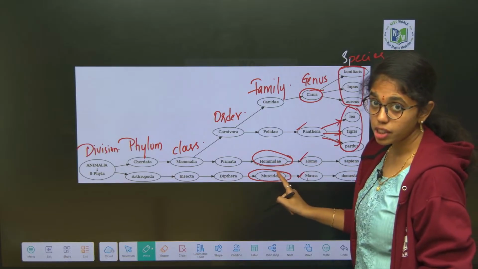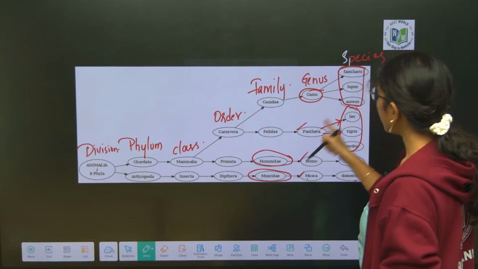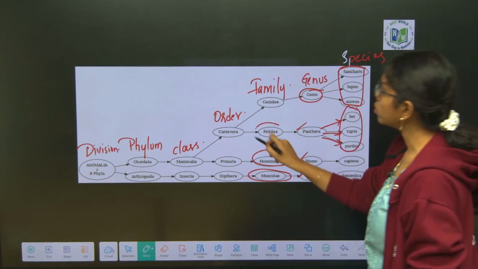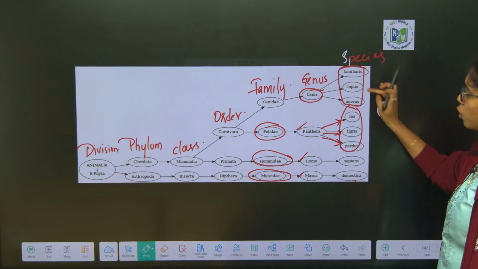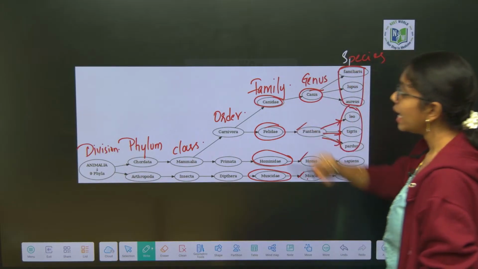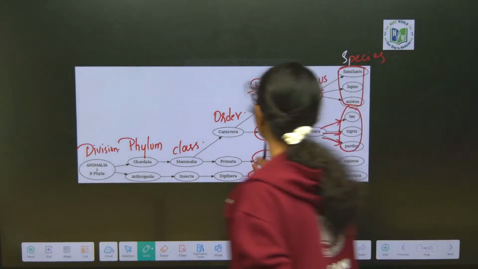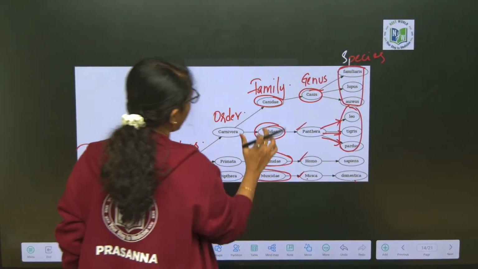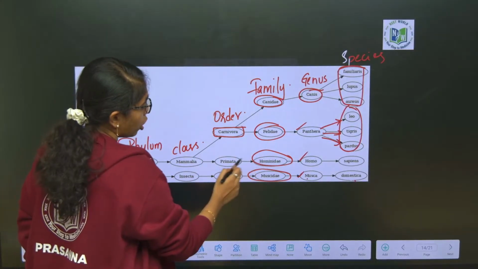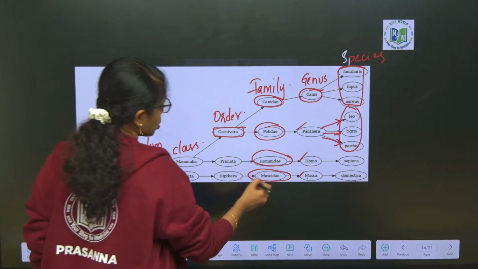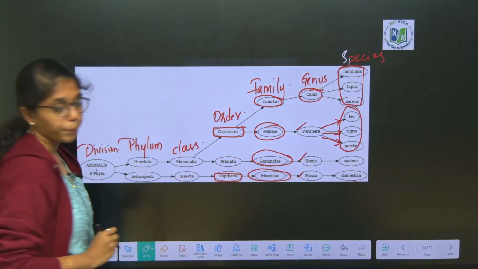Look at the suffixes properly, Vita. Here Panthera Leo, Tigris and Pardus belong to the family Felidae, and Canis familiaris, Lupus and Aureus belong to the family Canidae. Okay. Next, these 2 families Canidae and Felidae belong to what? Carnivora. Hominidae belongs to what? Primata order. Muscidae belongs to what? Diptera. Okay.